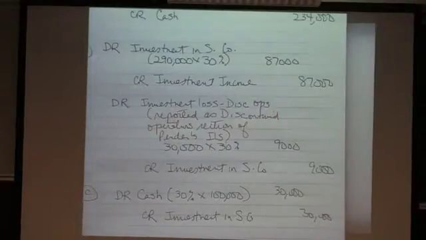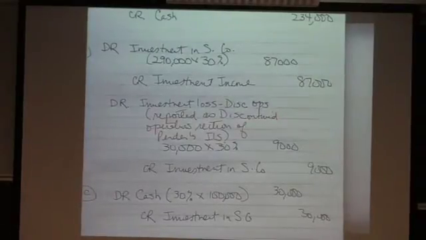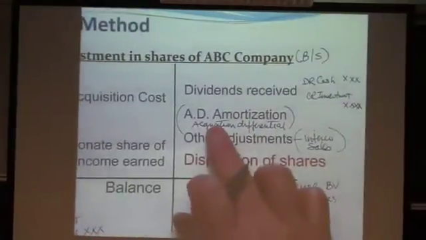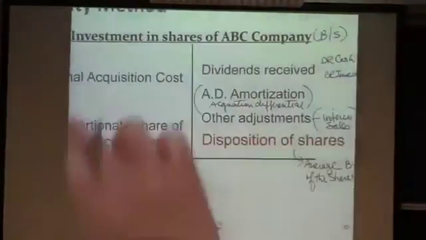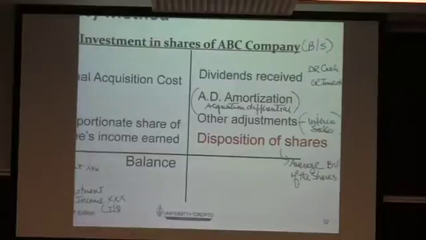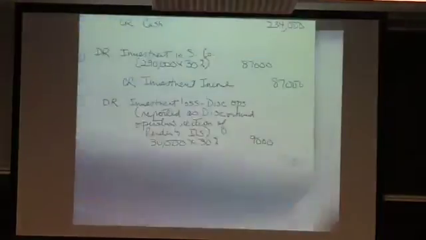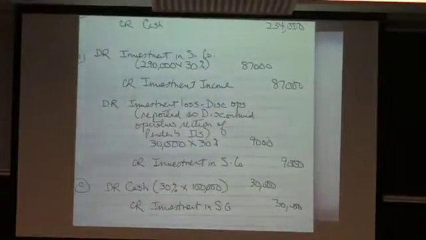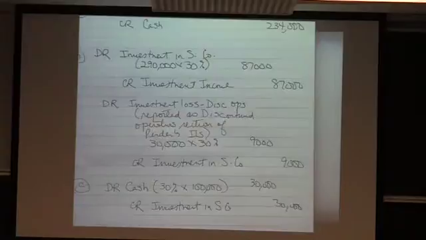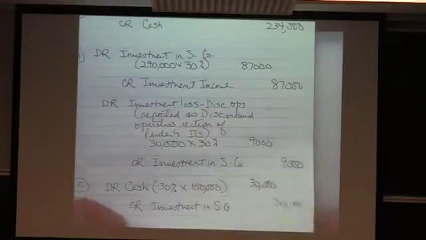So we don't have any acquisition differential, but what we're about to do is take a look at what the investment in Salt Springs Company would look like on the balance sheet. So let's go to the next page.